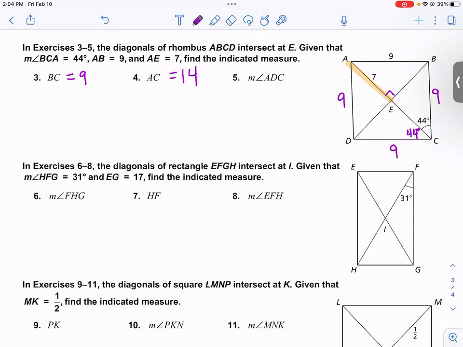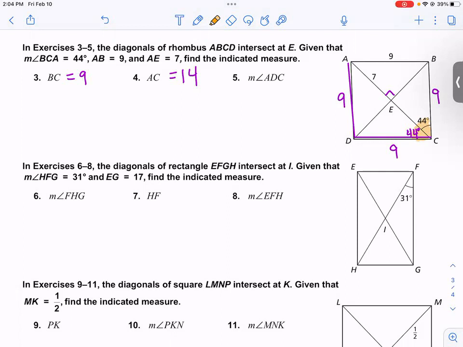Okay. Now, ADC. We know that this guy right here is 88. There are 2 different ways we can go about looking at it.